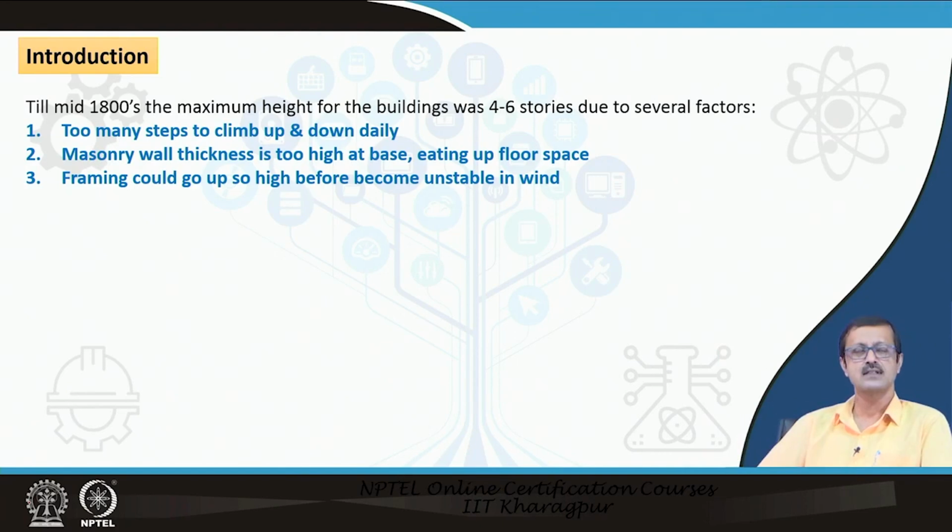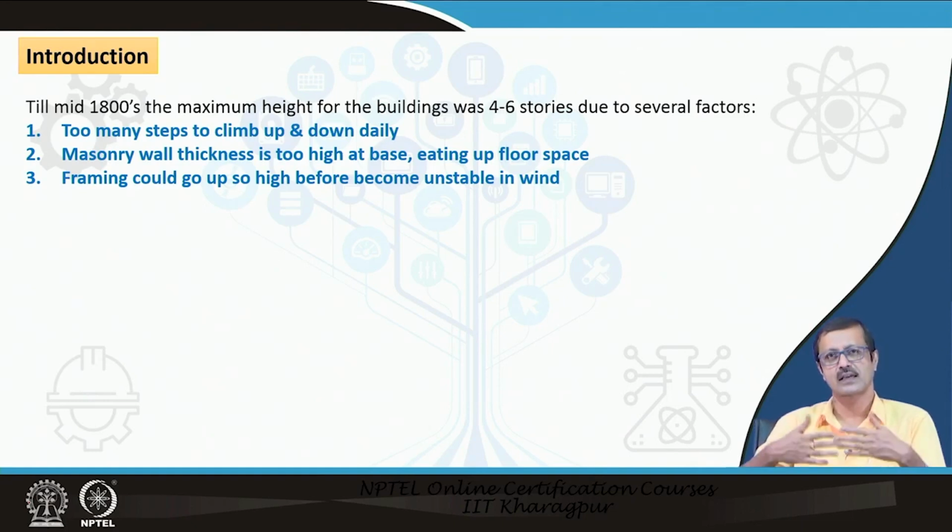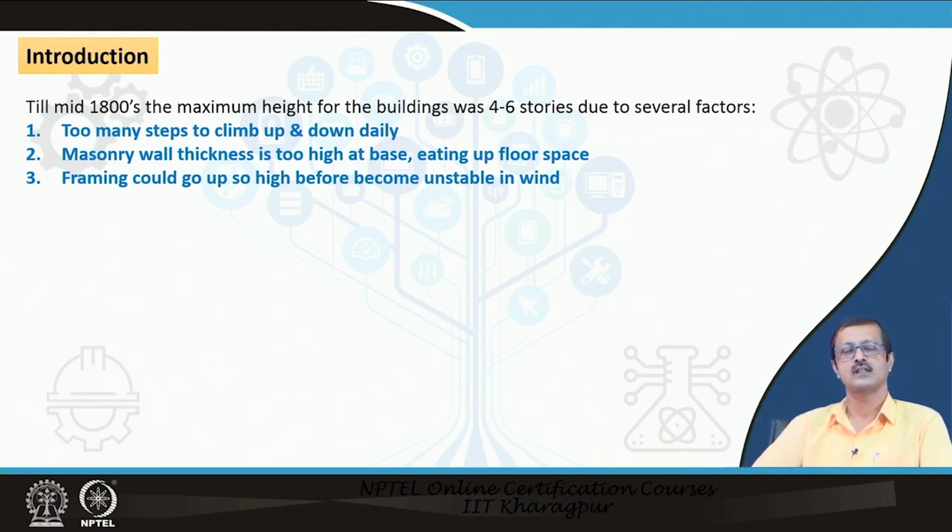The last one is that the framing could not go so high because of unstable wind, in the sense of the framing of windows. As you go high, you need toughened glass, and you also need some typical locks, as casement windows don't work there.